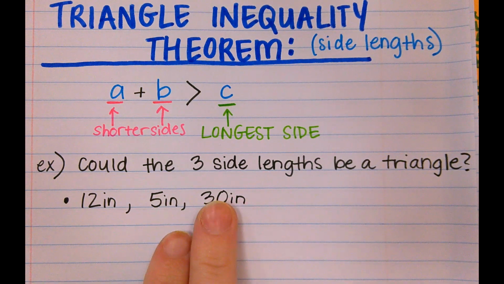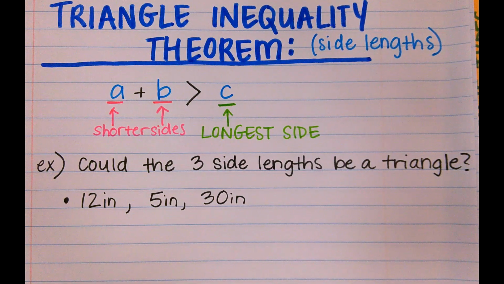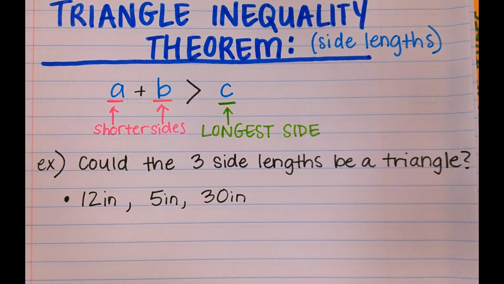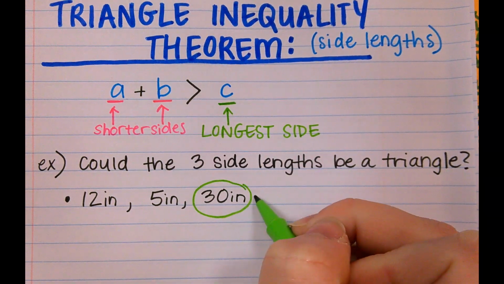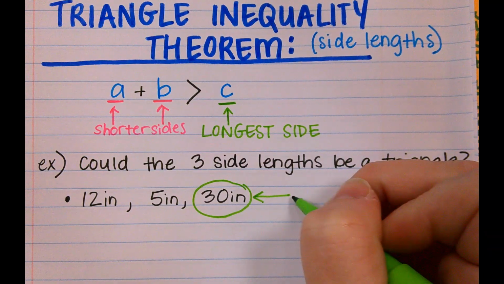What we want to do here is first decide what is my longest side. Out of these three numbers, which is the biggest? 30. So right away, 30 is the longest side.